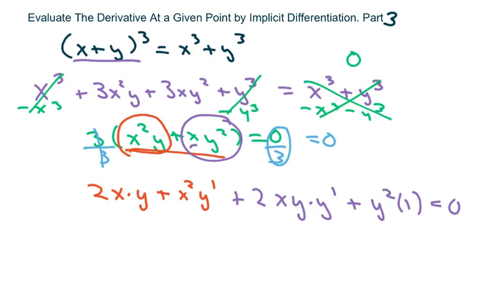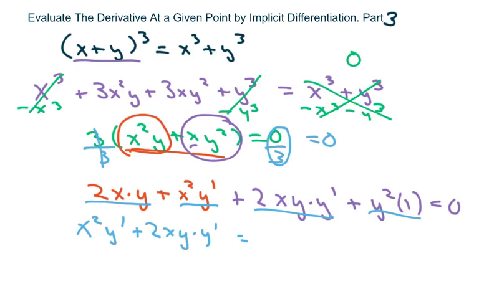Now, cleaning this up, I'm going to group my derivative parts, my y primes, together. So I'm going to keep them on this side. And I'm going to move these two guys over to the right side.